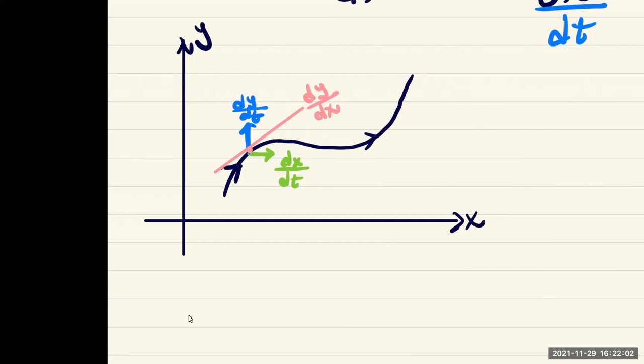This is change in x as time changes. Let's say t is time. This is change in y as time changes, but this is change in y as x changes. This is your rise over run, which gives you the slope of the tangent line.